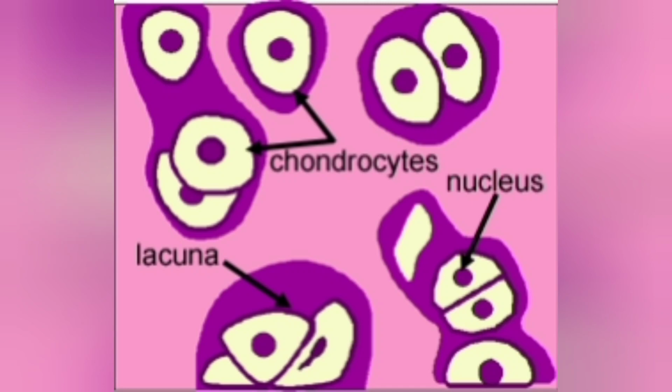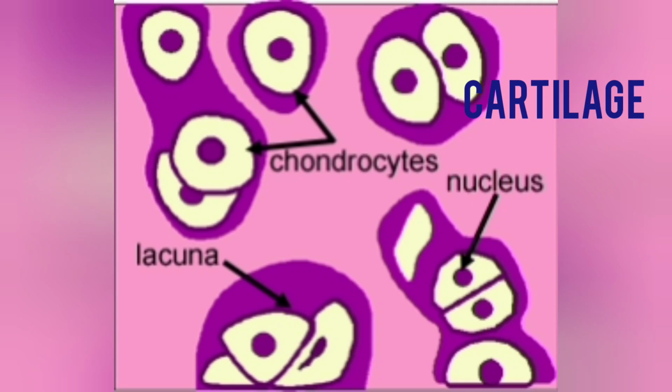Now our next topic is cartilage. It is a firm but flexible supportive connective tissue in which the solid matrix has well spread fluid filled lacunae having 1 to 4 living cells called chondrocytes. Cartilage forms the soft endoskeleton of the body.